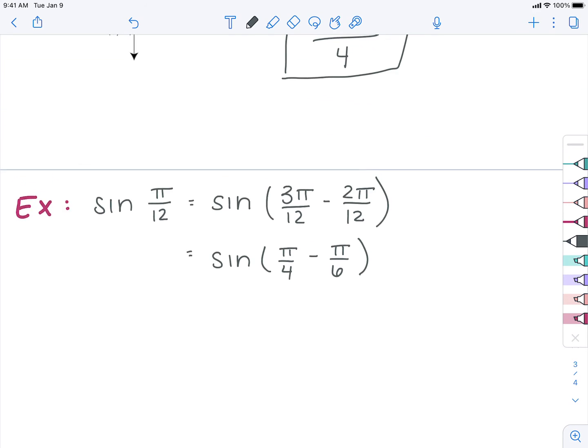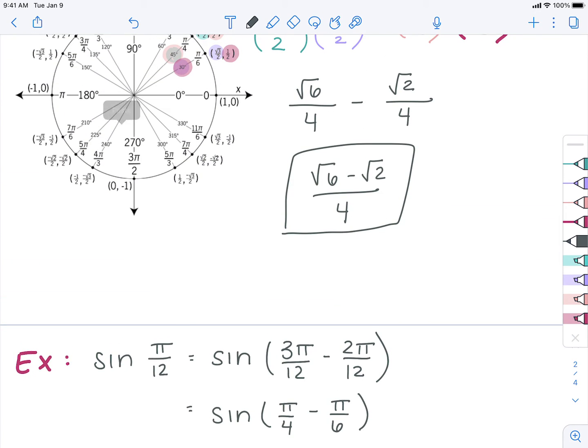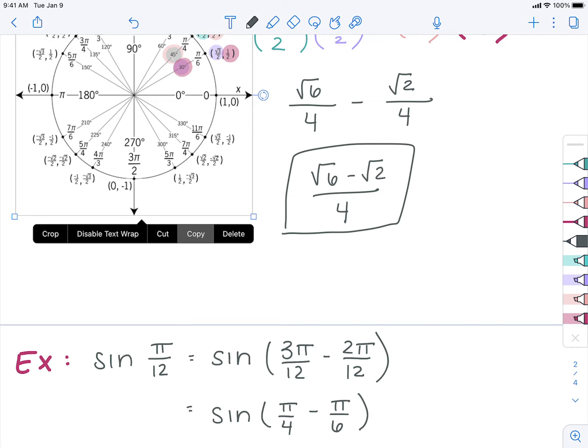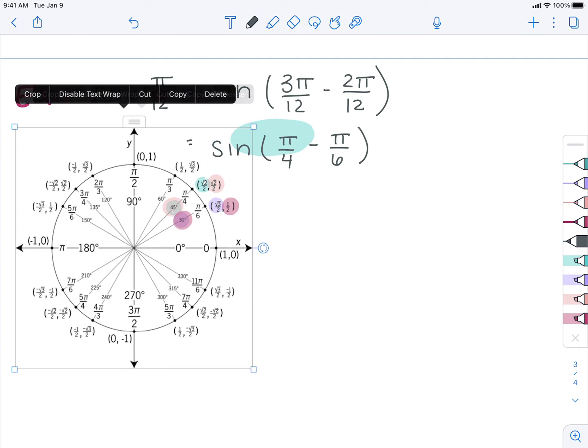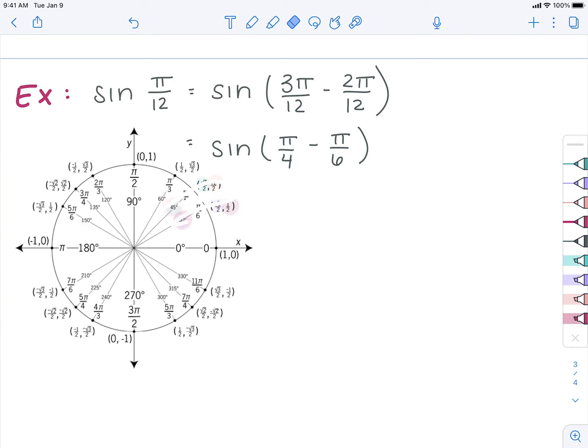You can also look at your unit circle. If I brought my unit circle down here, since I know that I want pi over 12 in my sine value, I could convert my first quadrant. I could say, okay, pi over 6 is really 2 pi over 12. Pi over 4 is really 3 pi over 12.